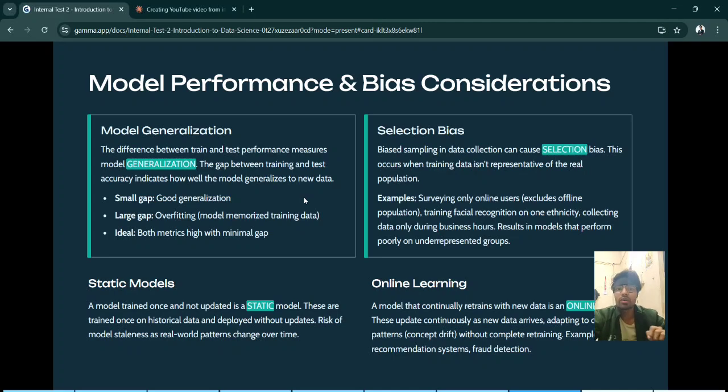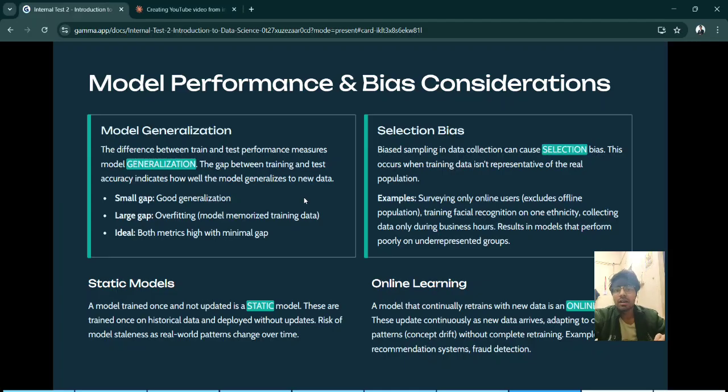So question number 22: biased sampling in data collection causes blank bias. So the answer is selection bias. Sampling bias, or selection bias, occurs when your training data is not representative of the real population.